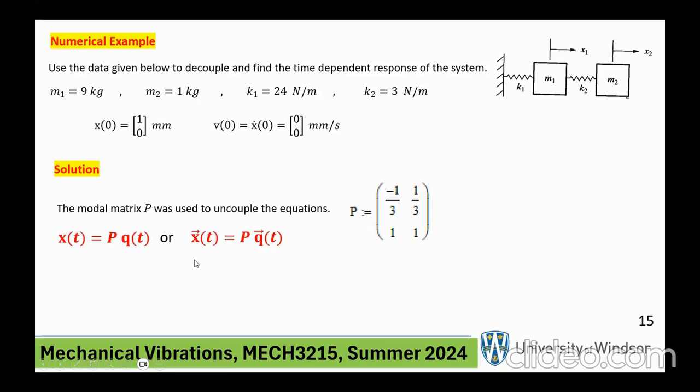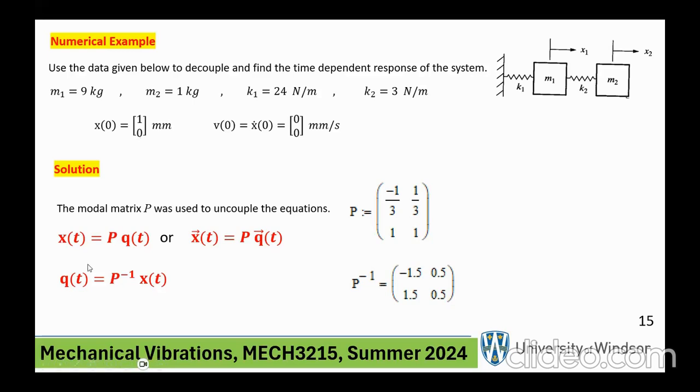And look, there is no intuition or physics which gives this; it is strictly a mathematical operation, a change of variable. Now, because we want to find the initial conditions in terms of q, I need to find q of t in terms of x of t, because initial conditions are actually given in terms of x.